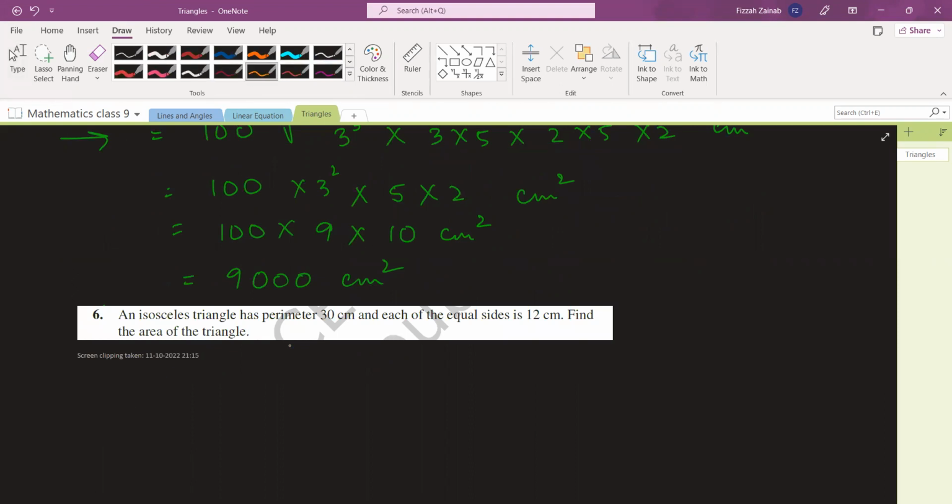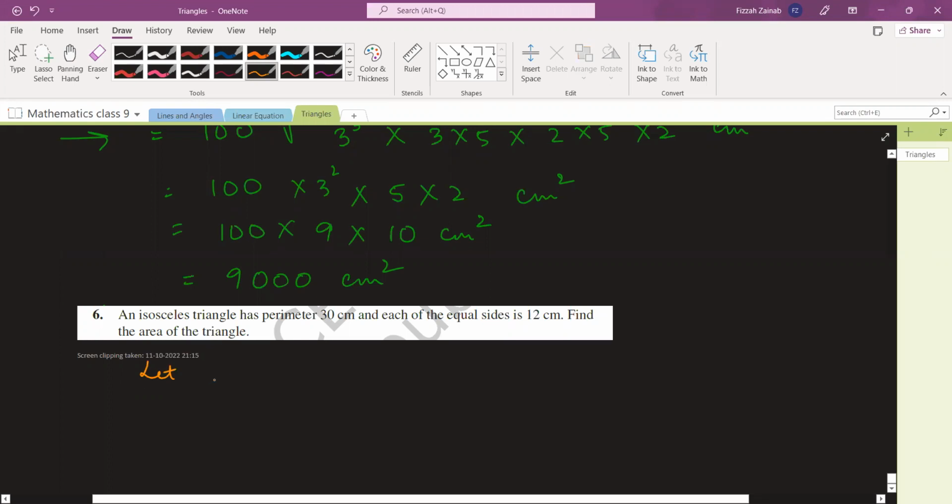Now an isosceles triangle has perimeter 30 centimeter, okay, and each of its equal sides is 12, right? It's an isosceles triangle, that means two sides are equal. So let the third side be x centimeter. Okay. So your A is how much? 12 centimeter.